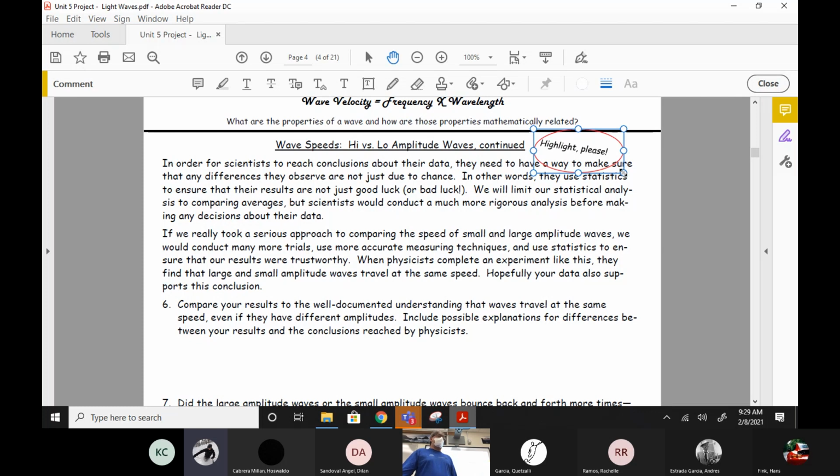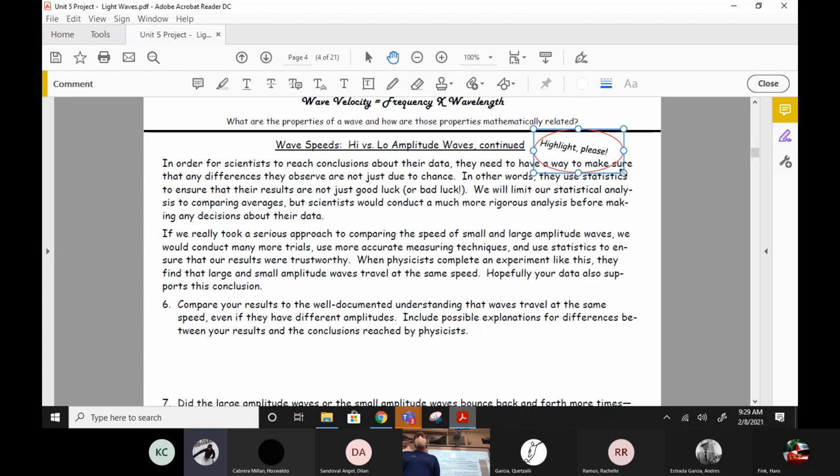So when I asked you guys, I think it was question 4, to describe whether you thought there was a significant difference between the high amplitude and small amplitude waves: that phrase, significant difference, is very precisely used by scientists.